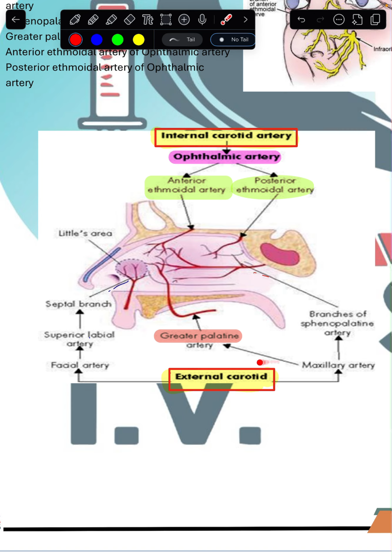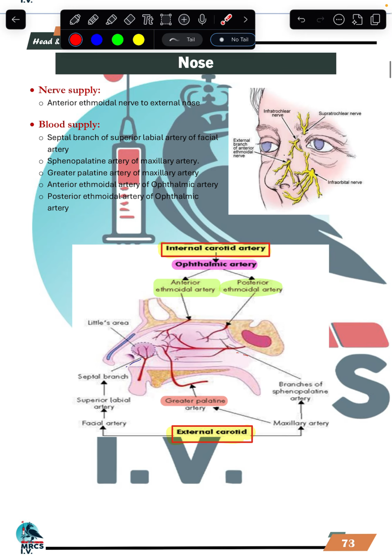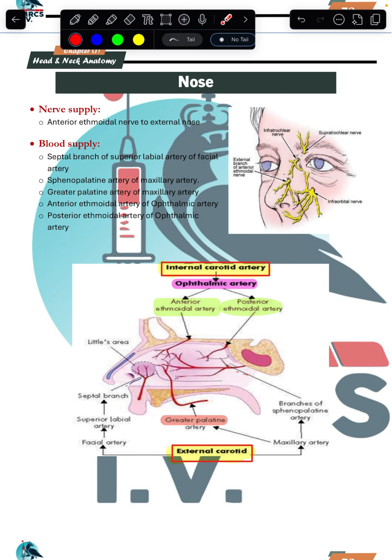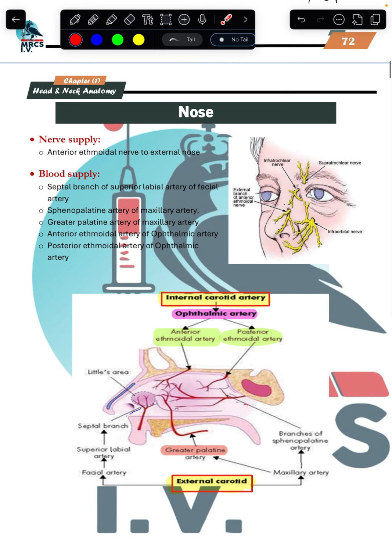Then from the maxillary artery, you get the greater palatine artery. From this greater palatine, you get blood supply to Little's area. So this question is asked: greater palatine, which is a branch of the maxillary artery. The sphenopalatine artery comes from the posterior side, again contributing to Little's area. The septal branch, now for blood supply, is the superior labial artery of the facial artery.